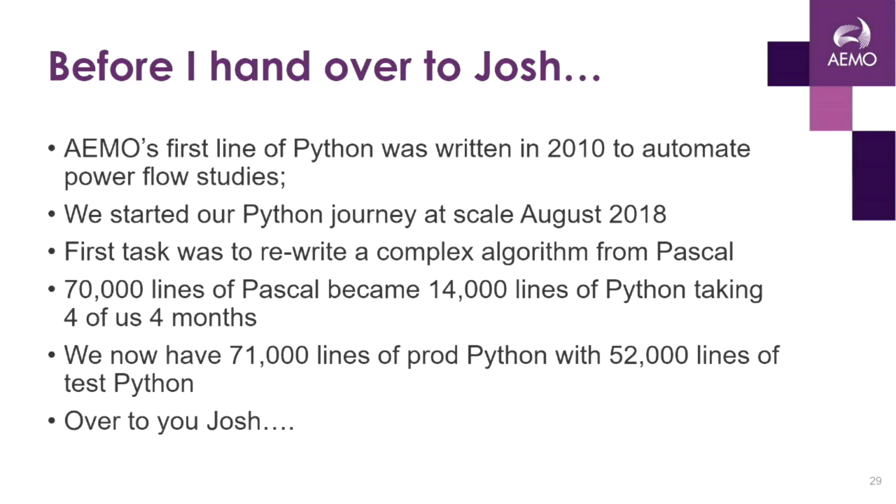Our first task was to rewrite a complex algorithm from Pascal. 70,000 lines of Pascal became 14,000 lines of Python, and it took 4 months. We worked out that it cost around $14 per line of Pascal to rewrite. We now have 71,000 lines of production quality Python at AEMO, with 52,000 lines of automated unit tests. Over to you, Josh.